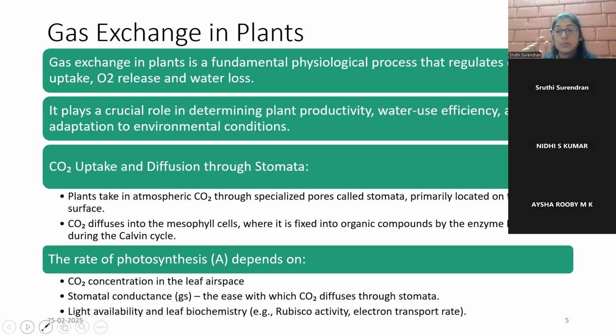But one of the most important processes that we have not discussed until now with respect to photosynthesis is this process called stomatal conductance. So stomatal conductance is the most initial process that is allowing carbon dioxide from the atmosphere to enter the leaf through these tiny pores called stomata, and the ease with which it enters is determined by this physiological process called stomatal conductance.